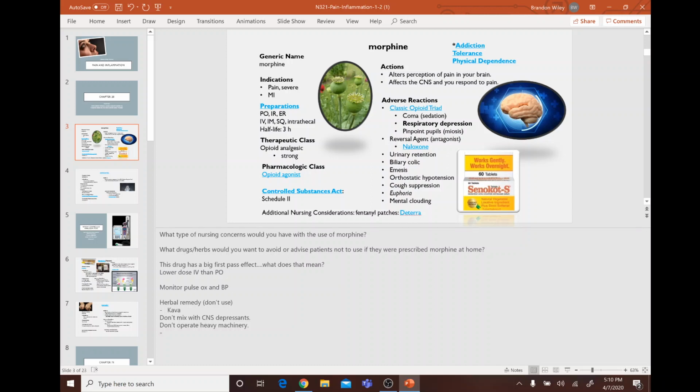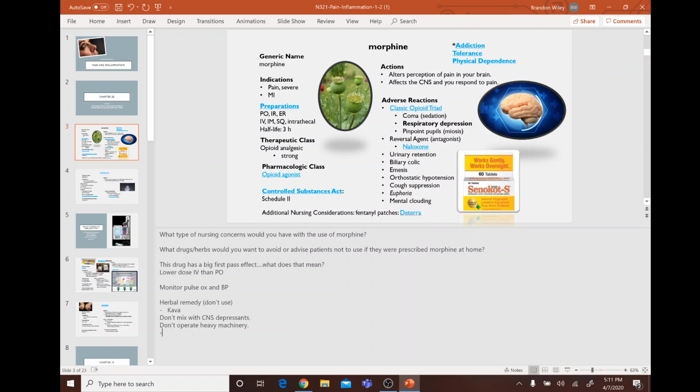PO, immediate release, extended release, IV, IM, sub-Q, intrathecal. What is the half-life of morphine? 3 hours. What is the therapeutic class of morphine? Strong opioid analgesic. What is the pharmacologic class of morphine? Opioid agonist.